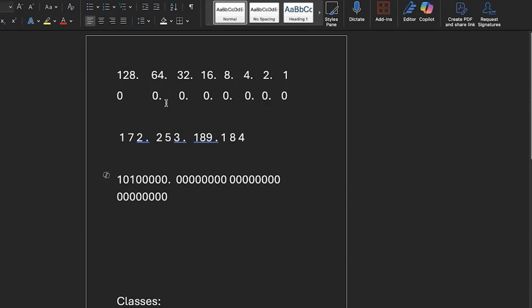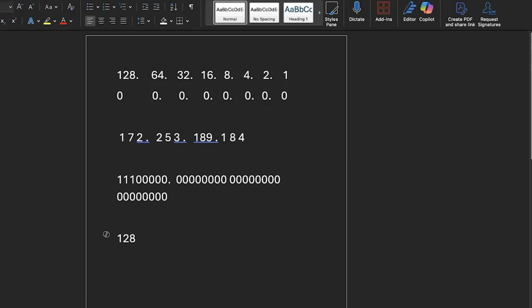In order to turn that 32 on, you have to turn on the 64 bit. So your subnet mask value in this place would be 128 plus 64 plus 32, which is 224. Now, this is key because this automatically means your values can only be certain numbers. Let me start from scratch.